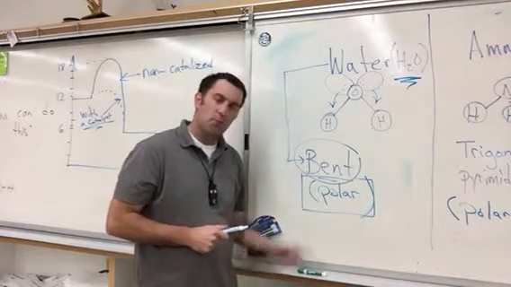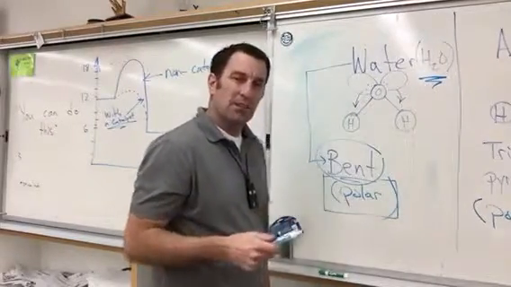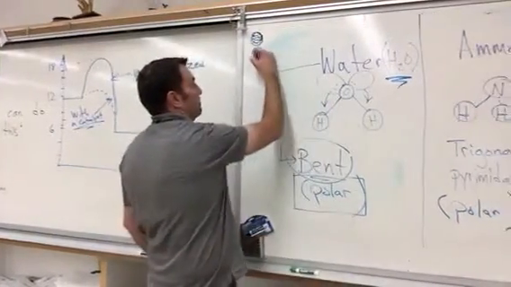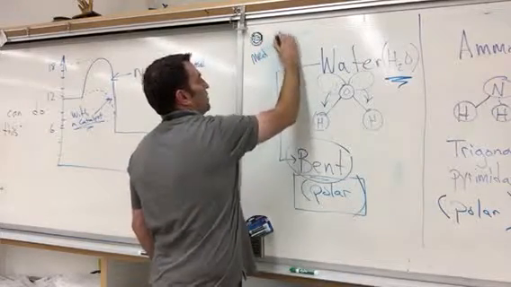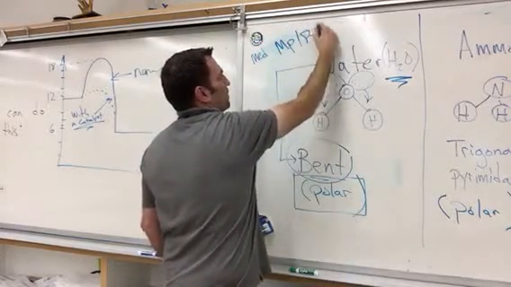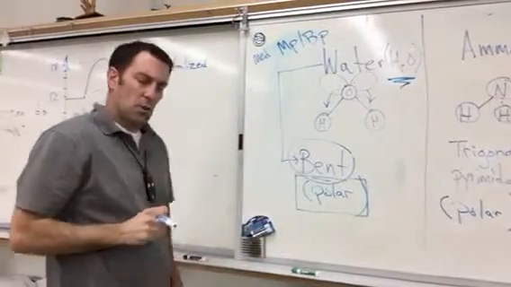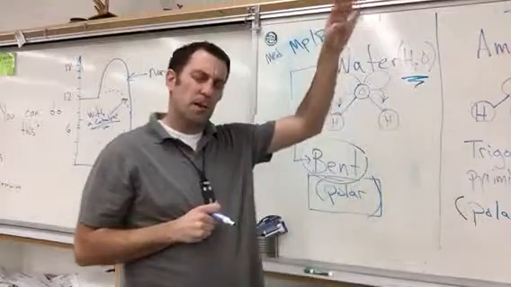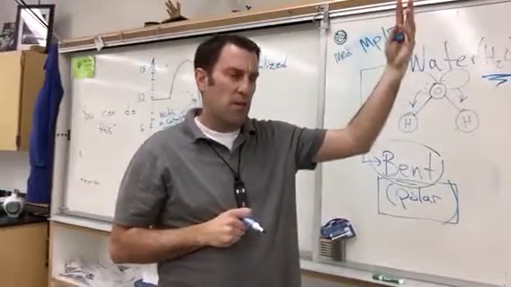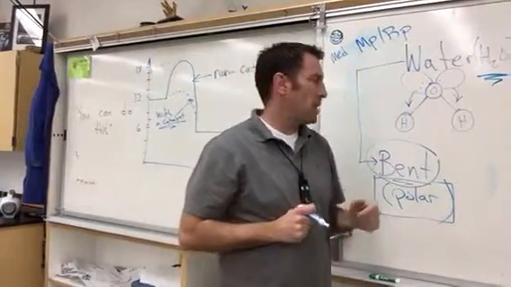Now, part of being polar means that it will have a medium, I should say, melting point and boiling point. So what medium means, it's not like in the high, like hundreds or thousands, like a 2,000 degree boiling point or like an 800.